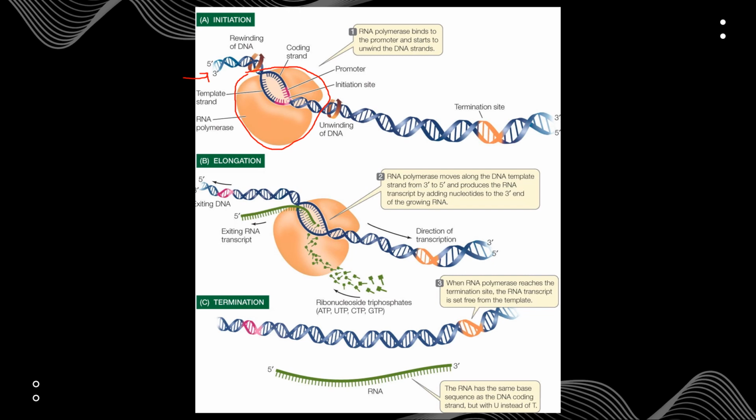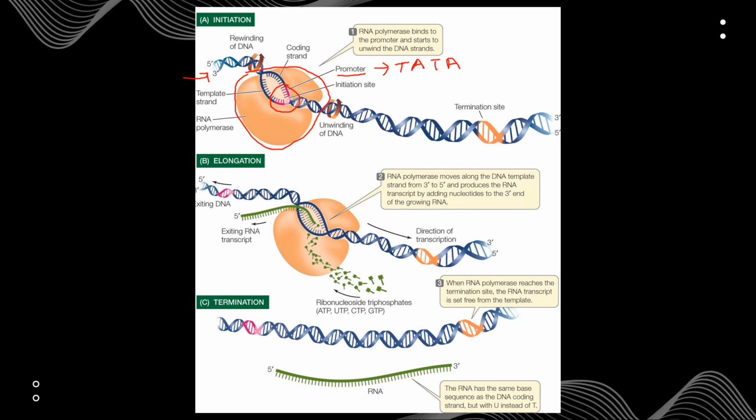RNA polymerase sees this part of the DNA code that's highlighted in pink here, and we call this the promoter region. Another name we like to call the promoter region is the TATA box, because the promoter region is the section of TATA. That's the genetic code that's over there.